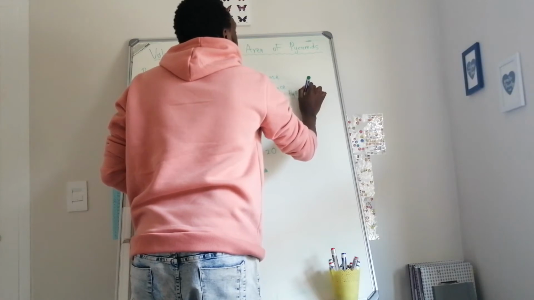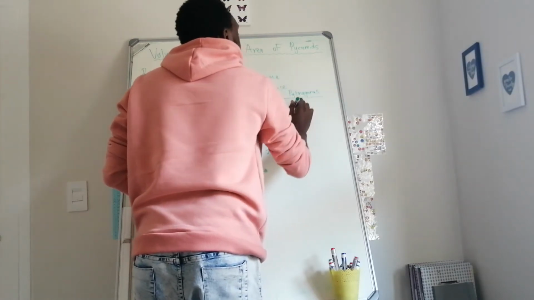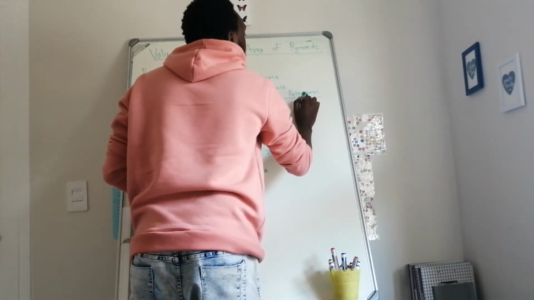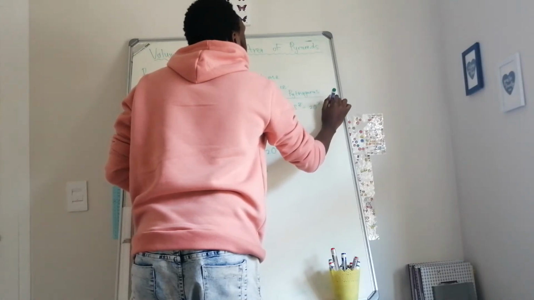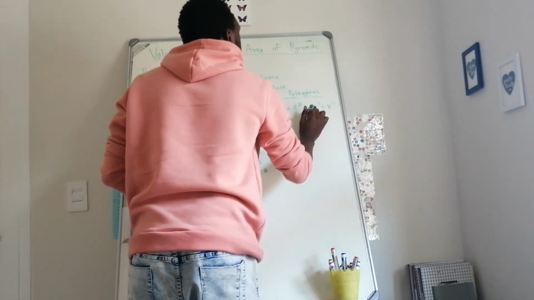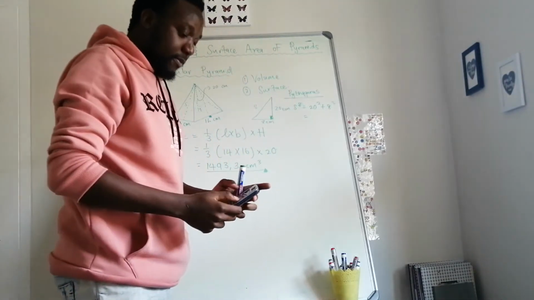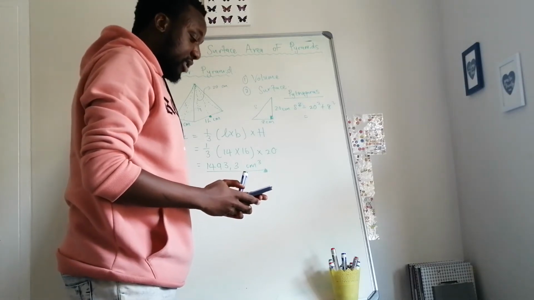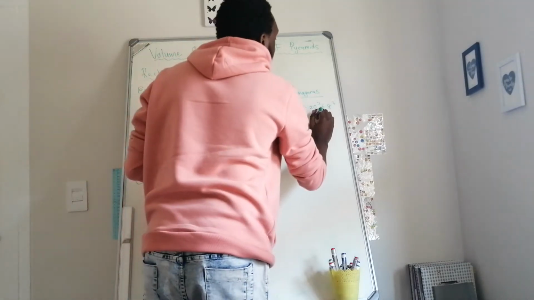So S squared is equal to 20 squared plus 8 squared. What is 20 squared and what is 8 squared? 20 squared is 400. 8 squared is 64. So when you add both of them, you get 464.